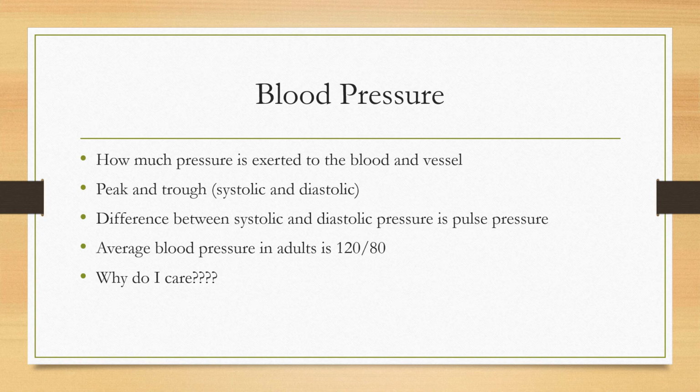So blood pressure is about how much oxygen the cells are receiving, okay? And if your blood pressure is too low, the cells, predominantly in your kidneys and in your brain, won't get enough oxygen and then will start to die. If your blood pressure is too high, it's exerting too much pressure on that vessel itself, and it can cause that vessel to break. And that's when people have strokes.